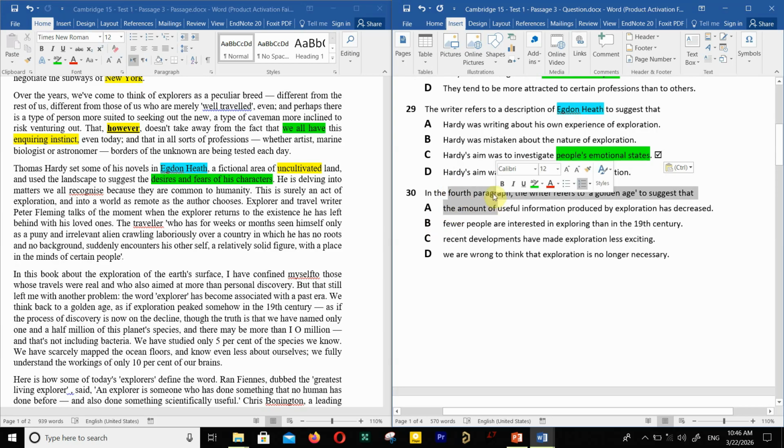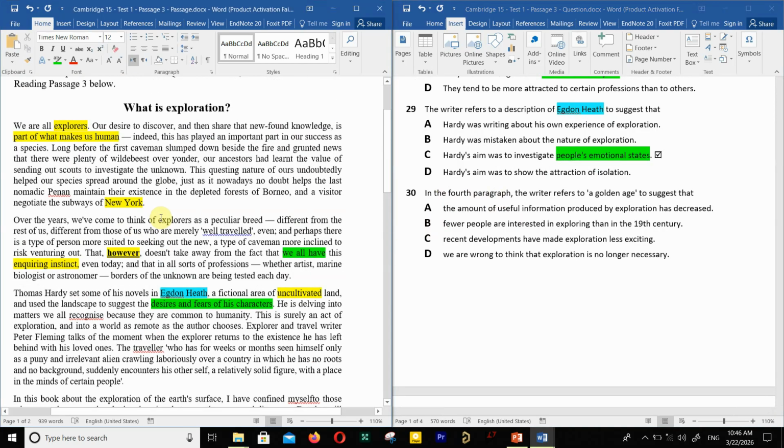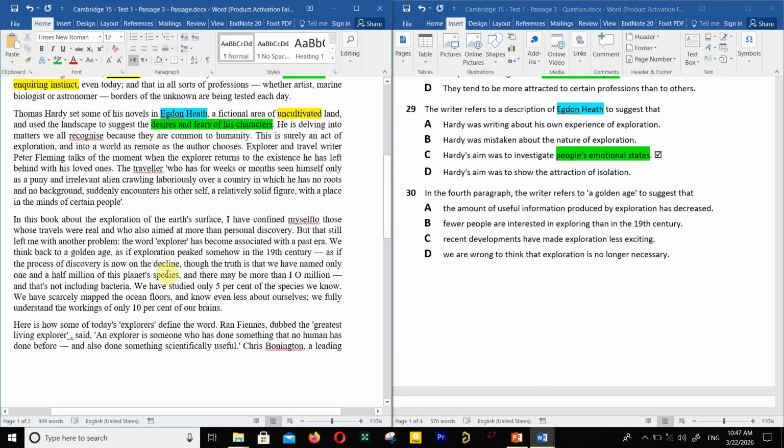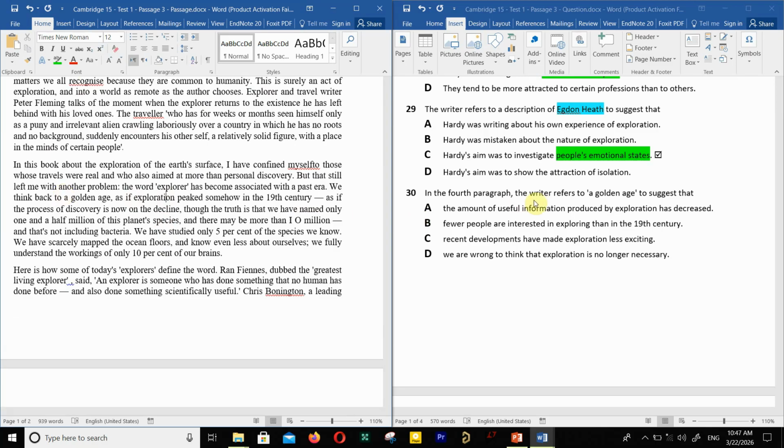In the fourth paragraph, so here, this is first, second, third, and this is our fourth paragraph. The writer refers to a golden age. What does golden age mean? And where is it? This is golden age.